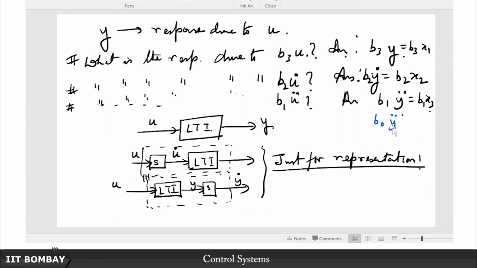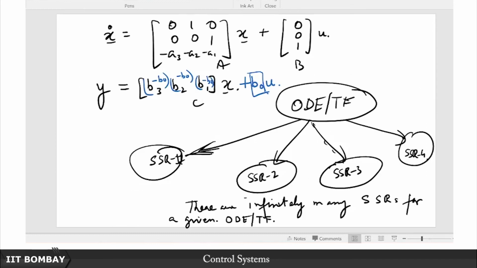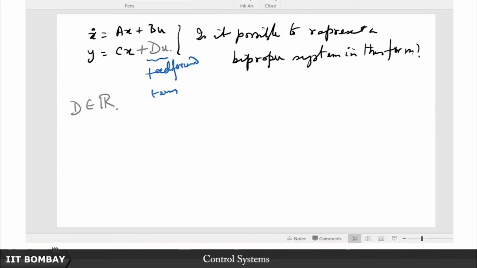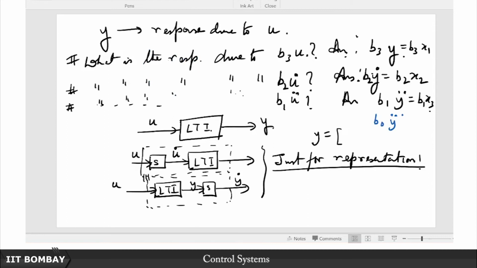So what is this B naught y triple dot after all? What we need from this is, if we know y, then y without this B naught is going to be B3, B2, B1. This is the y in the absence of this B naught.